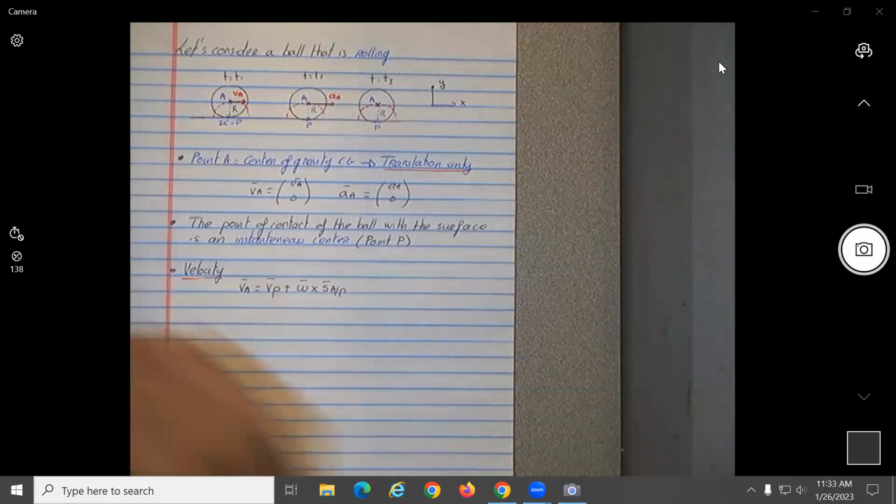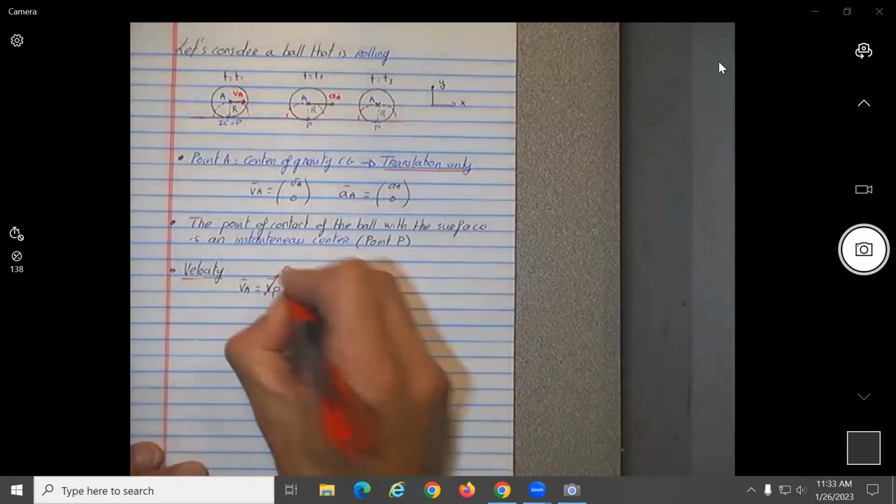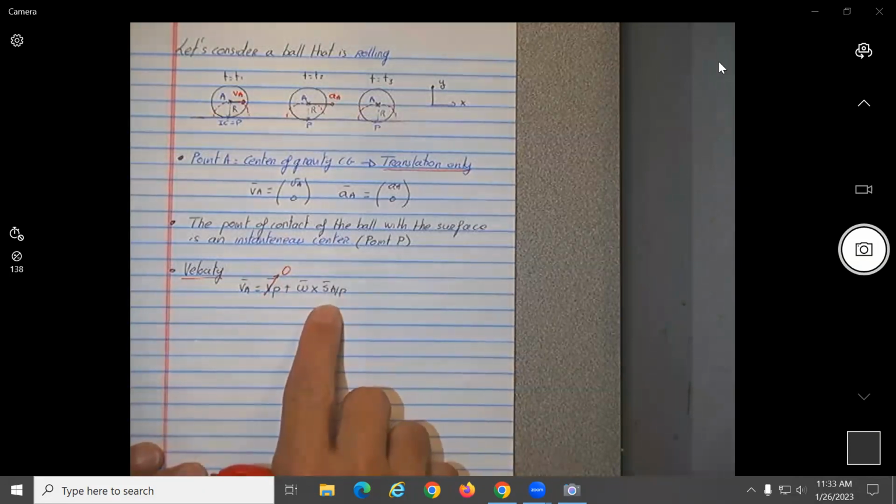Zero. Yeah. So you see that indicates that point P is already an instantaneous center because we are only left with the rotational component, no?